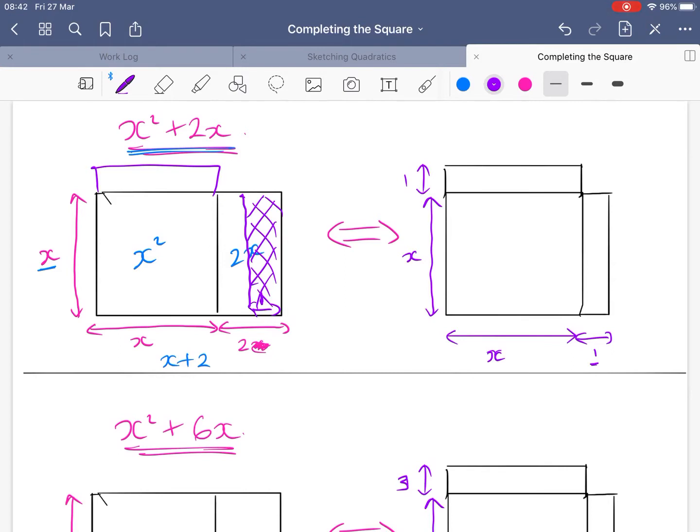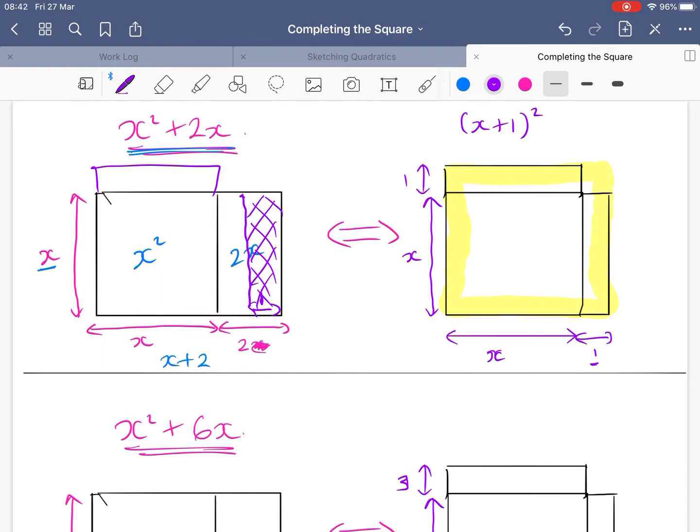And what I want to think now is, if I imagined this was a square, and I fill in that little top bit up there, the area of this square would be x plus 1 squared, because I've got a width of x plus 1, and a height of x plus 1.